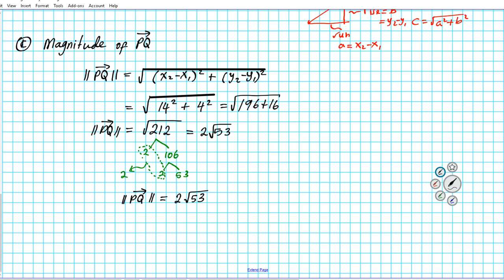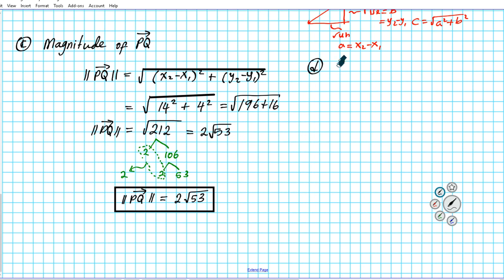Next we are going to find the direction. Remember, vectors have two components: magnitude and direction. So for part D, the direction of PQ is going to be given by theta.